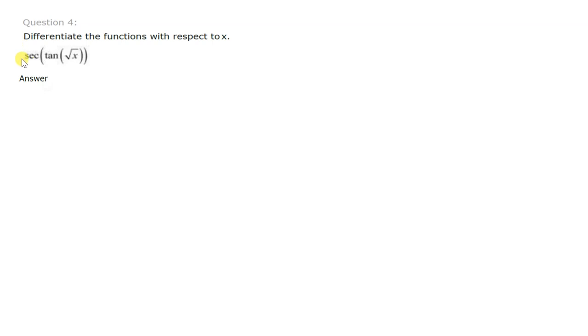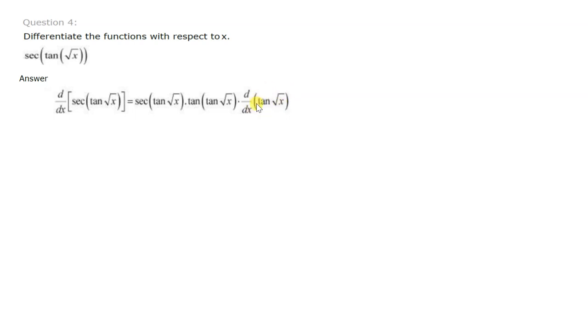So first of all, differentiate it with respect to the sec function, and the derivative of sec x is sec x tan x. So the derivative of sec of tan root x becomes sec of tan root x into tan of tan root x. But we have to use the chain rule and multiply it with the derivative of the tangent function, so multiplied by the derivative of tan root x. It is again a composition of two functions, the tangent function and the square root function.